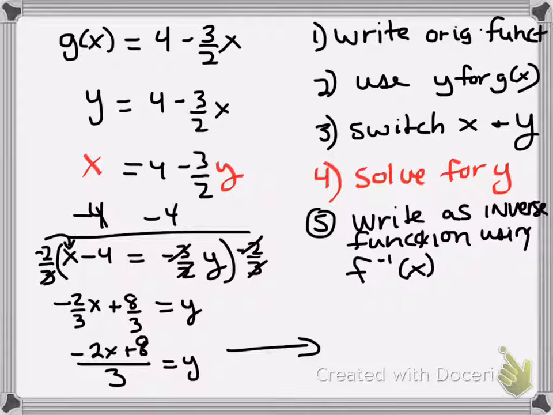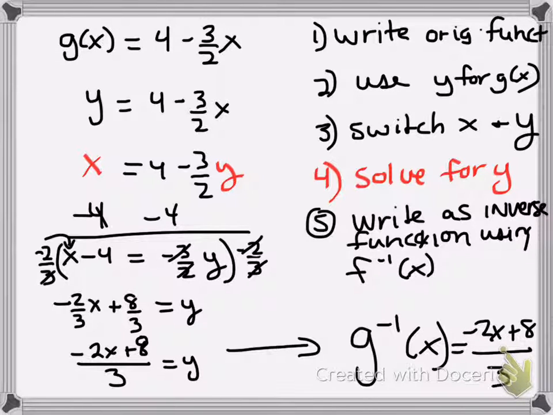So this happened to be a g of x, so I'm going to write it g to the -1 of x equals -2x plus 8 all over 3.